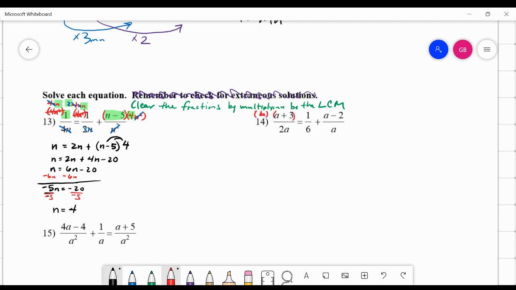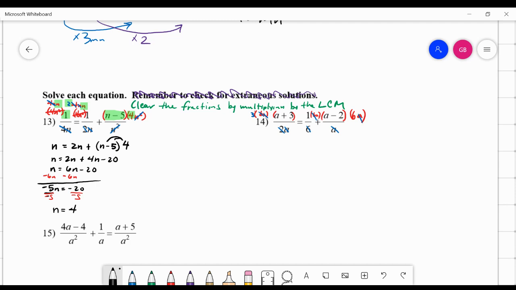Multiply this by 6a and this by 6a. Okay, so by doing so, these a's go away. And then 6 divided by 2 is 3. These 6's go away. These a's go away.